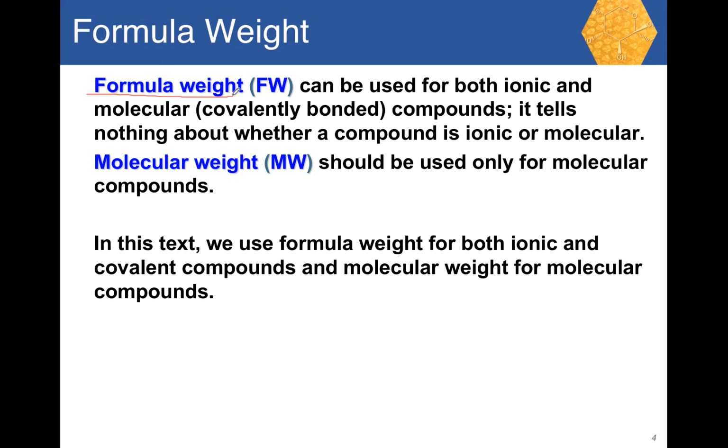Formula weight is typically reserved for ionic compounds, and molecular weight is a term that's typically reserved for covalent compounds. In this lecture and in this book, they will be used as synonyms. So formula weight here will mean the same as molecular weight.